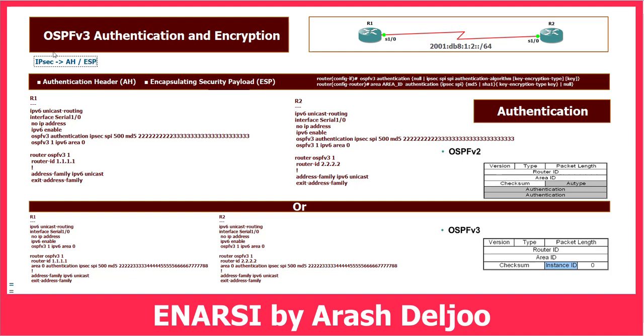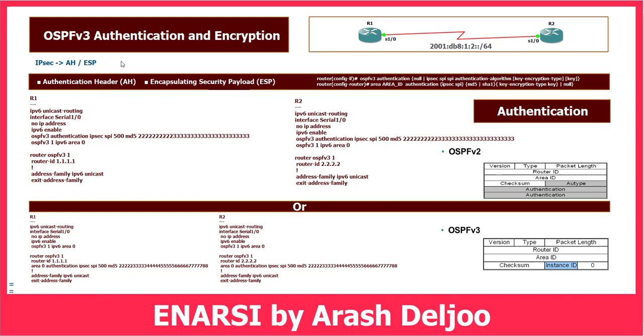Another is ESP, or encapsulating security payload, as you can see here. If you use authentication header in IPsec, this means that you want only to authenticate R1 for R2 and R2 for R1. But if you enable ESP in IPsec, this means that we want authentication and also encryption, meaning privacy.